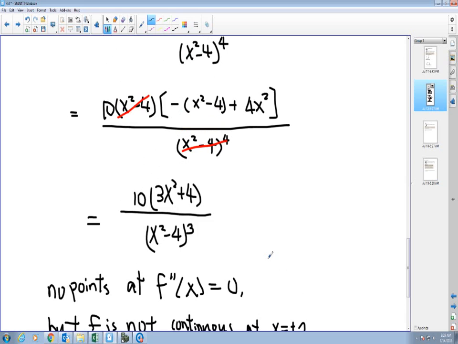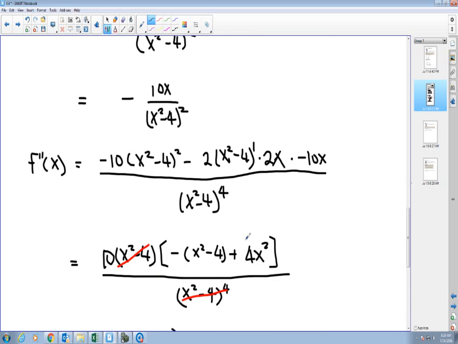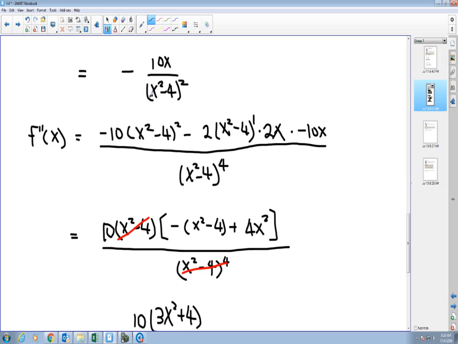Well, if you look back at the denominator, those x's cannot be 2 or negative 2. X squared minus 4, if I set that equal to 0, is x plus 2 times x minus 2.